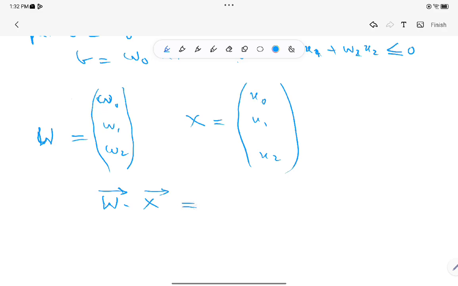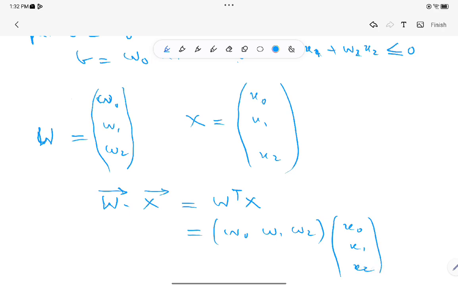Then I have to do one thing: I have to take the transpose of this. I write W transpose x, W^T x. I have already taught this. Now W^T means its transpose, that is w0, w1, w2, into x0, x1, x2.